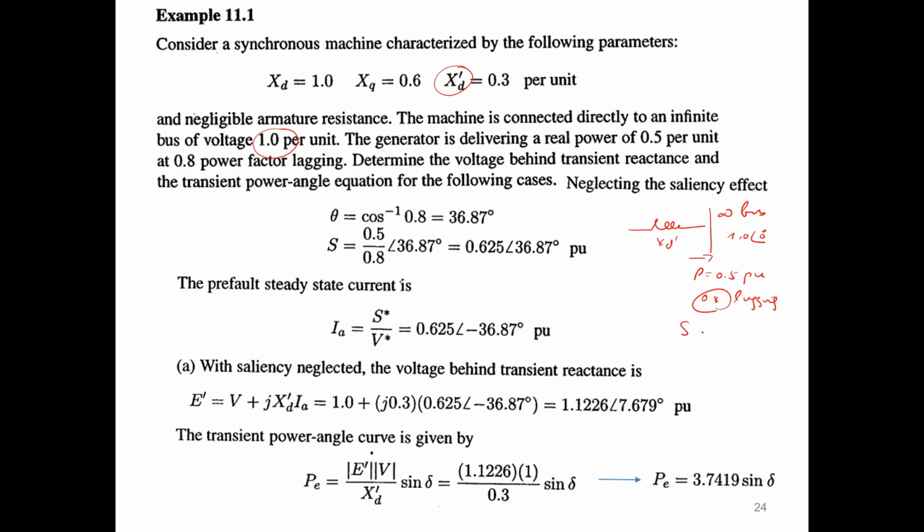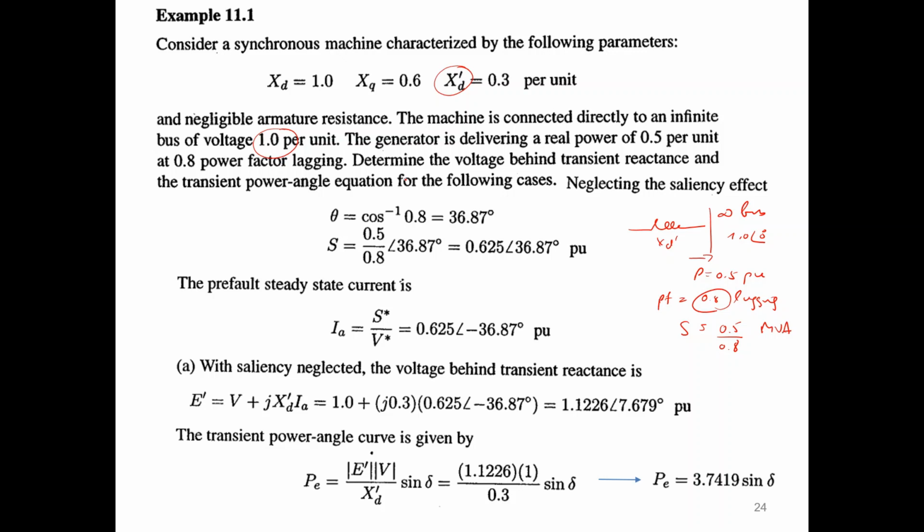So you can find the S, because P divided by S is the power factor. Therefore the apparent power S is 0.5 divided by 0.8, in MVA. This is the definition of the power factor of 0.8.